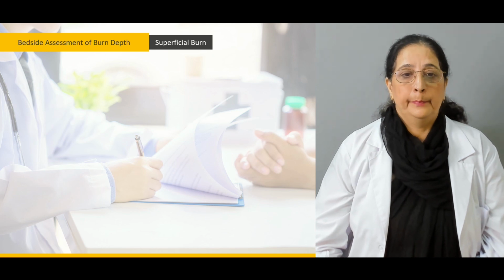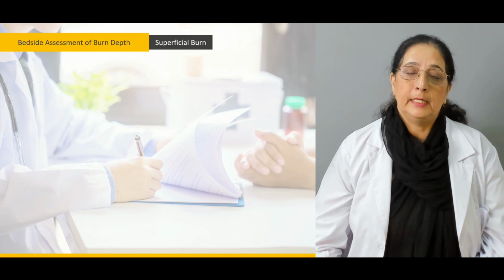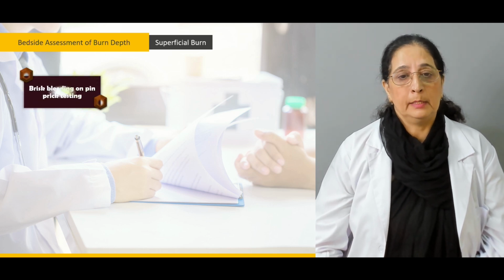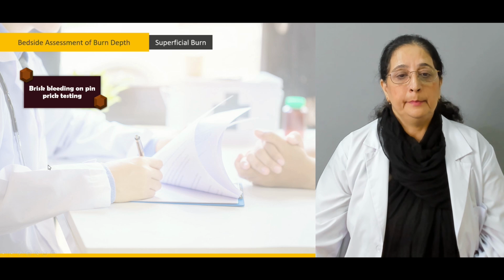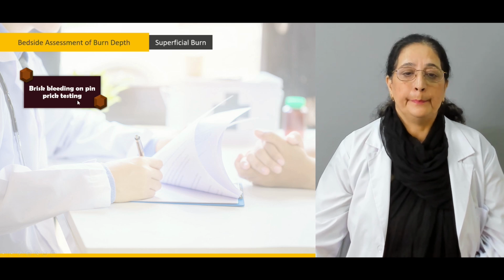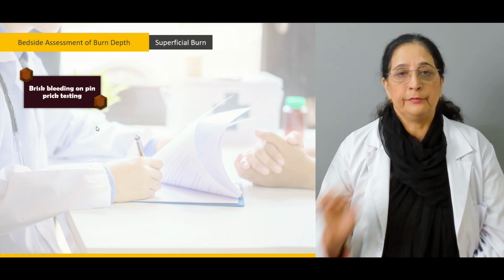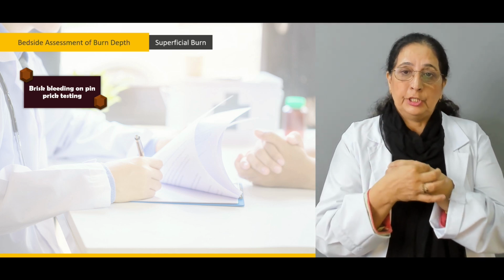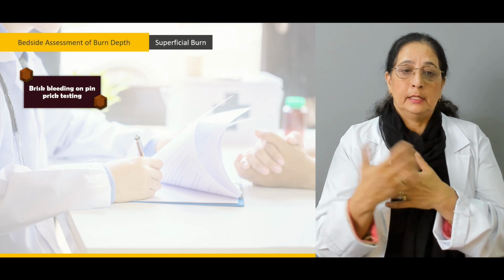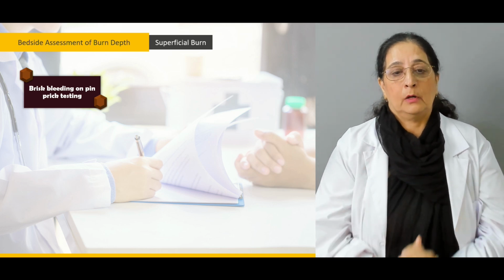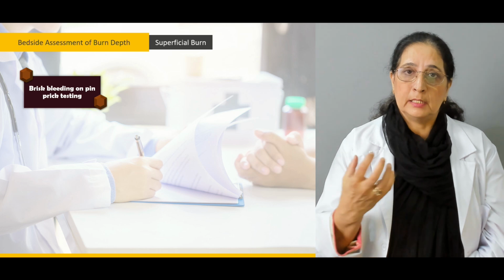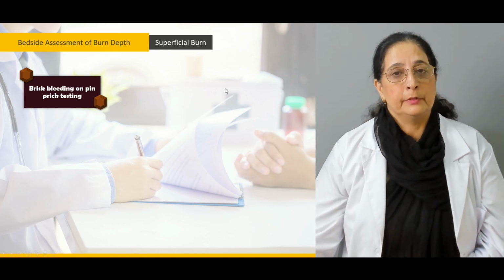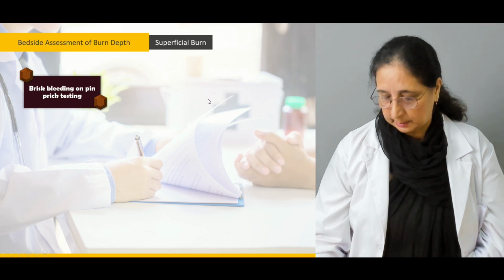Next, bedside assessment of the depth of the burn. So how will a superficial burn present? There will be brisk bleeding on pinprick testing. If we touch the pin to the patient in a superficial burn, brisk bleeding will occur on the prick testing because the blood vessels are intact, and this is a superficial burn in which the epidermis is affected.